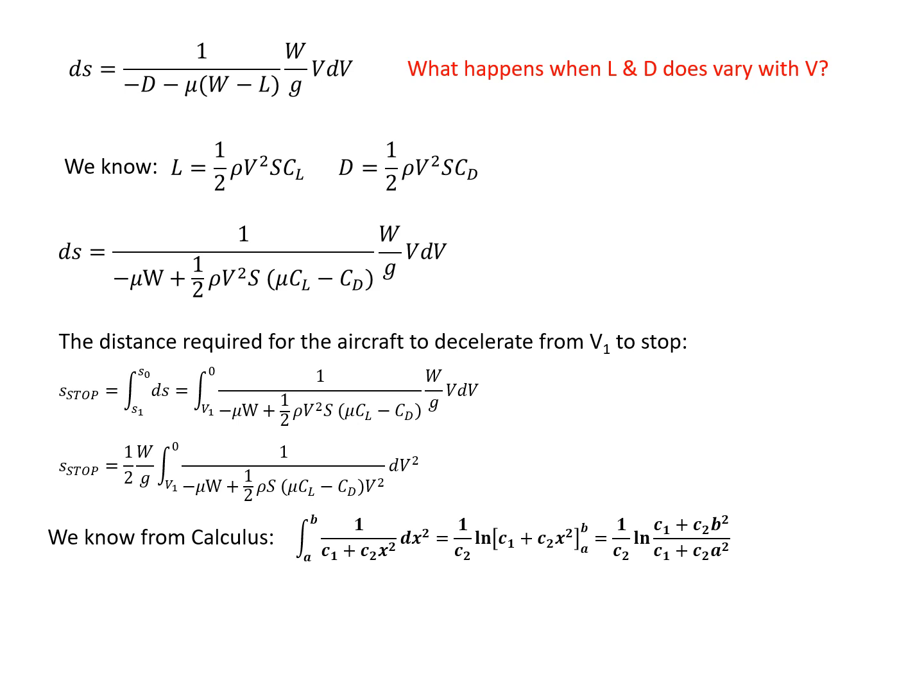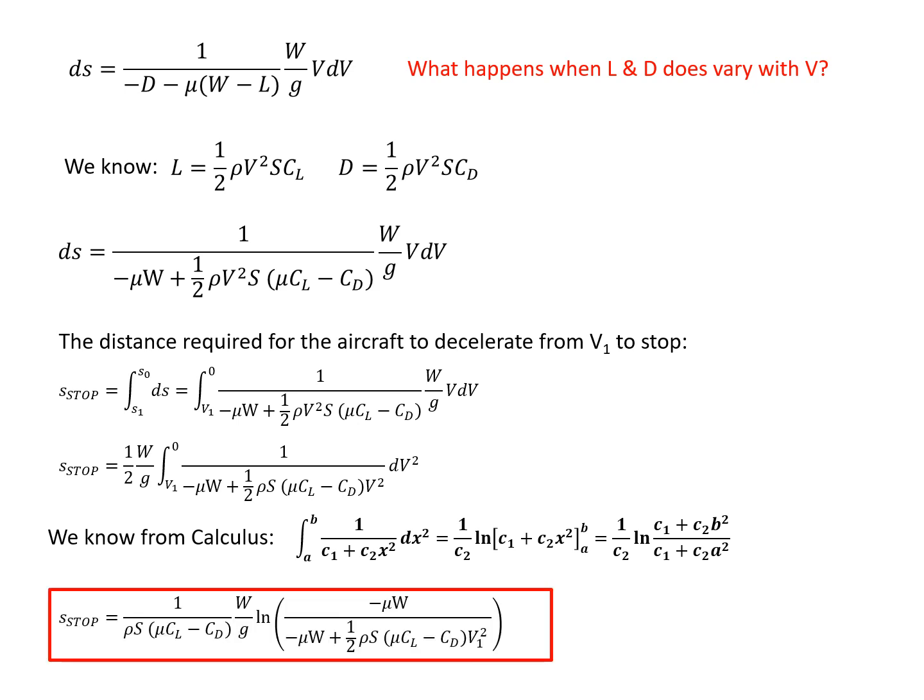So if you remember this integration, we can integrate it, and then the stop distance can be estimated this way. This is more precise than the method in the previous step, which assumes lift and drag are constant and don't change with velocity. So this is a more advanced method.